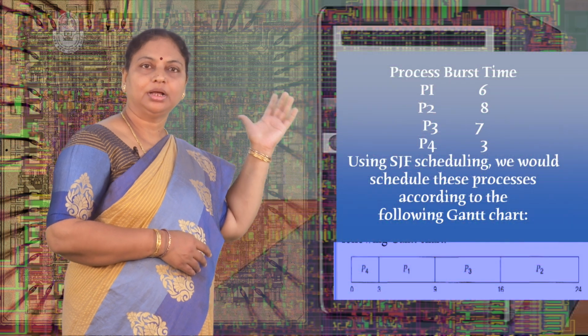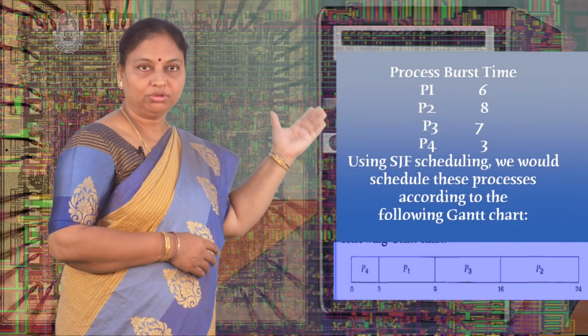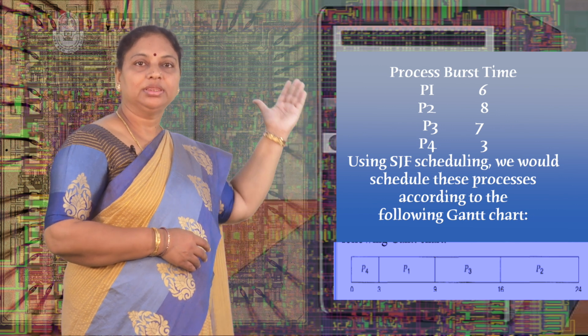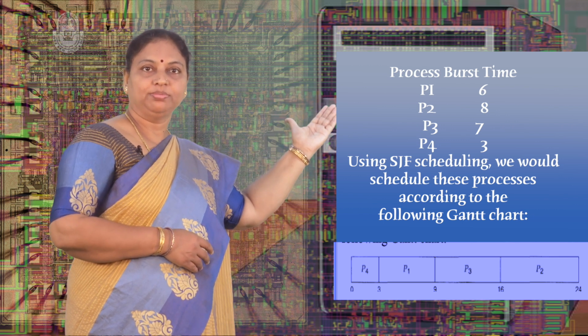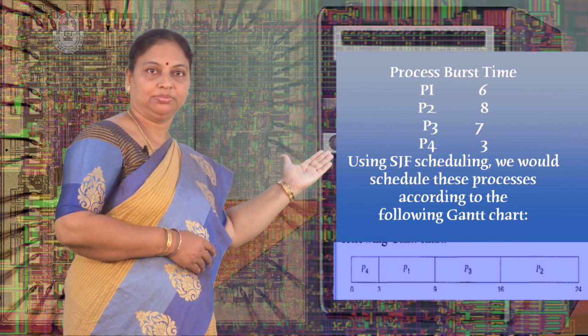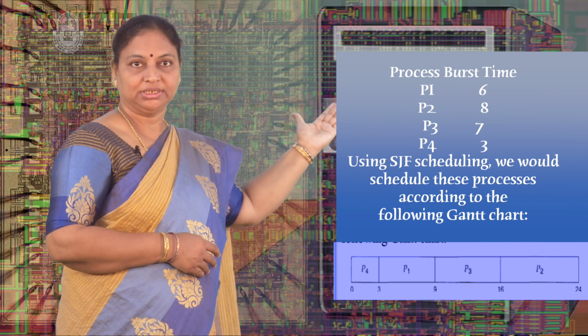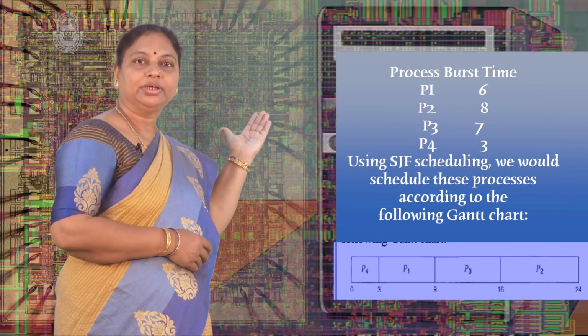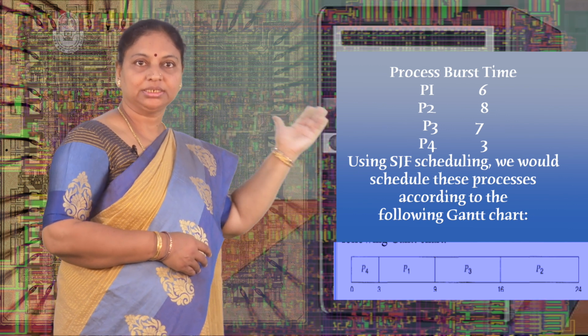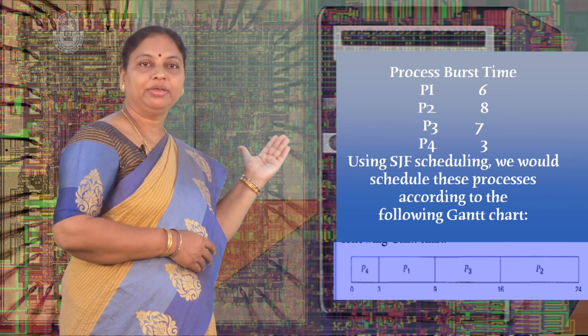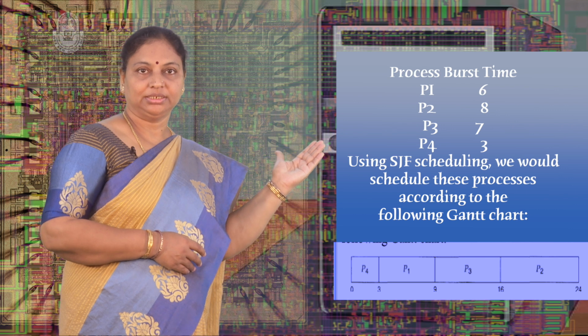Say for example, to study this shortest job first scheduling algorithm, assume that we have 4 processes which are entering the system with the given CPU burst time required by each process. Say P1 requiring 6 burst time, P2 requiring 8 milliseconds, P3 requiring 7 milliseconds, P4 3 milliseconds.